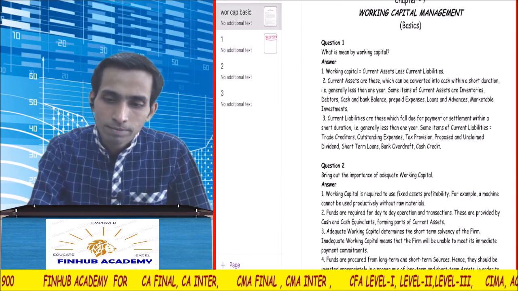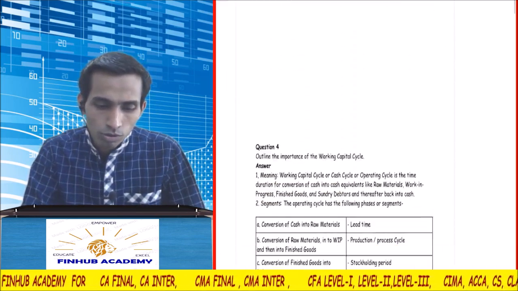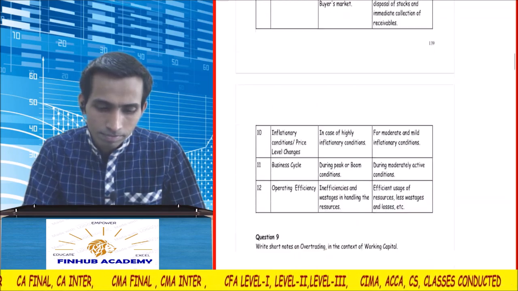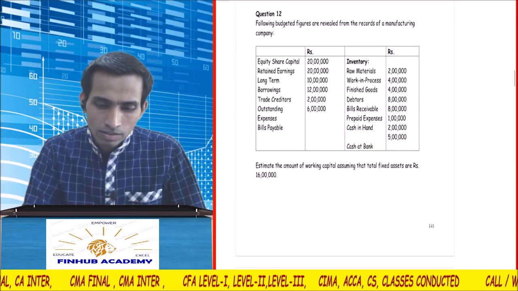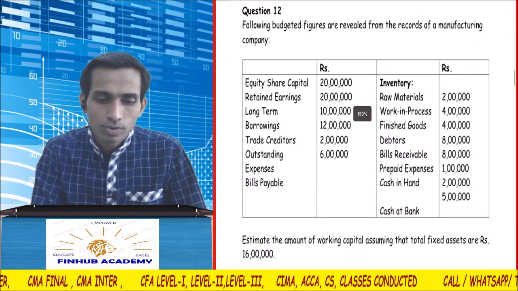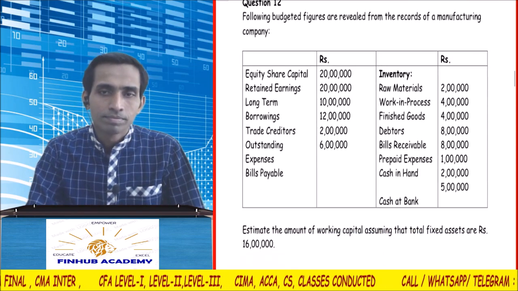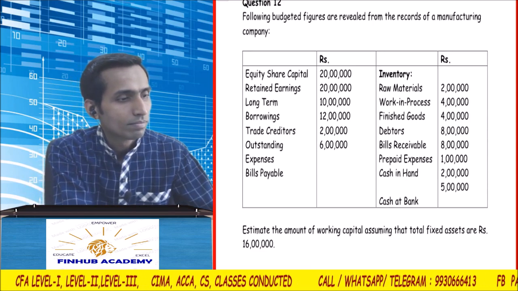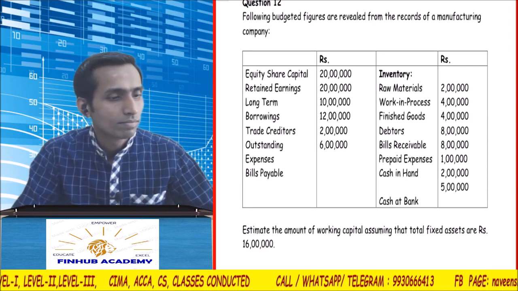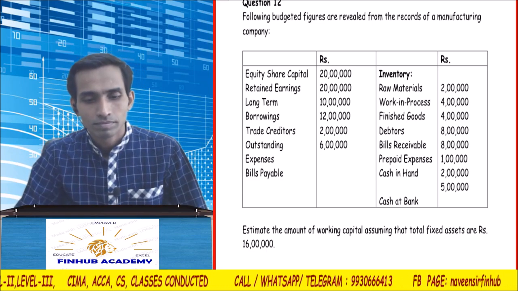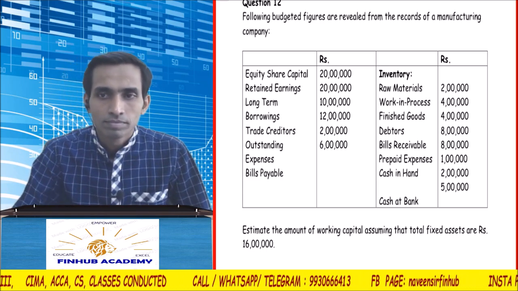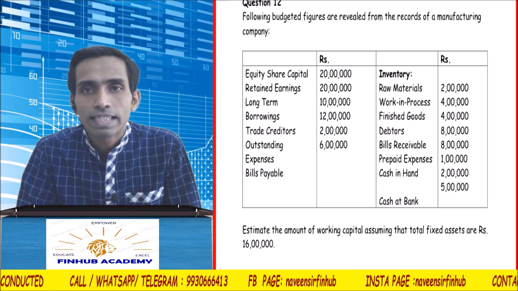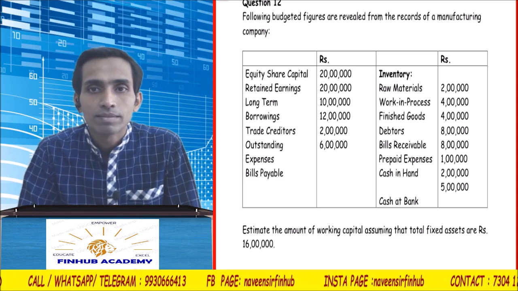In your textbook, come to page number 141, question number 12. Following budgeted figures are revealed from the records of a manufacturing company.